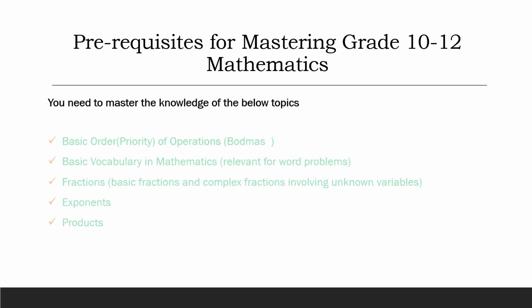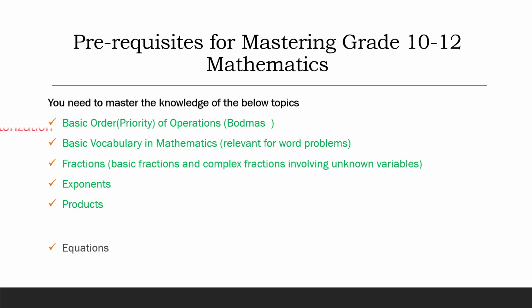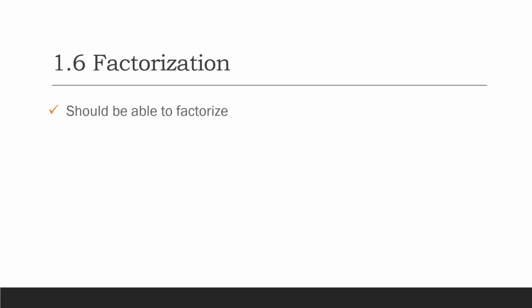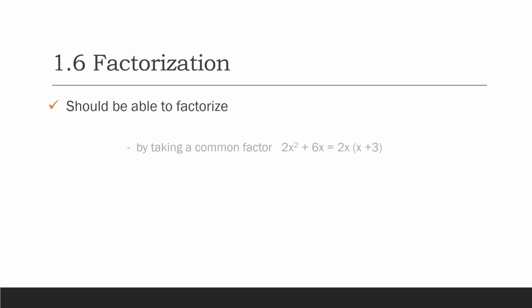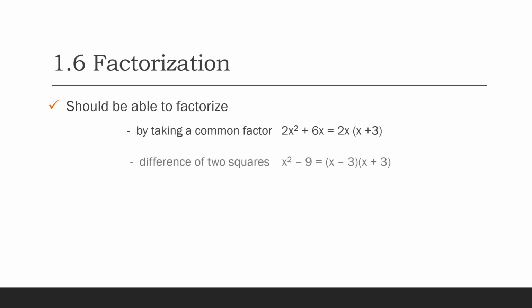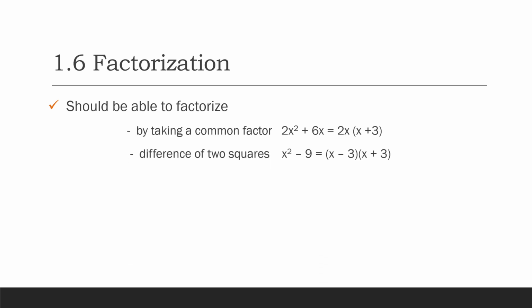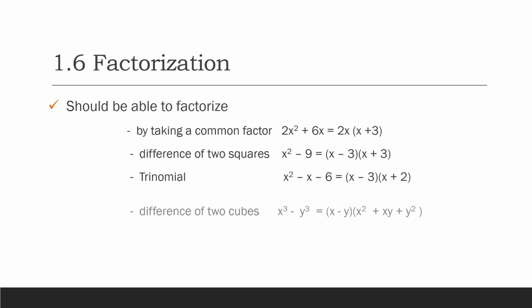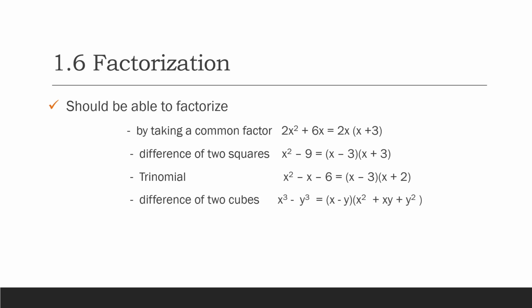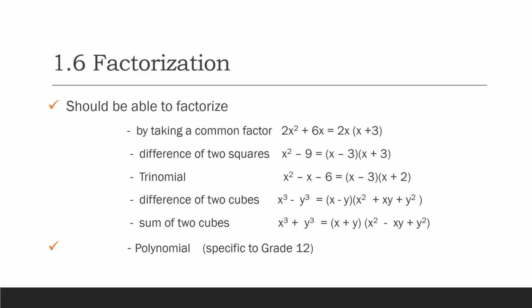You need to master factorization again. You should be able to factorize by taking a common factor, factorize a difference of two squares, factorize a trinomial, and factorize a difference of two cubes and a sum of two cubes. As a result, for grade 12, you'll be able to factorize a polynomial.